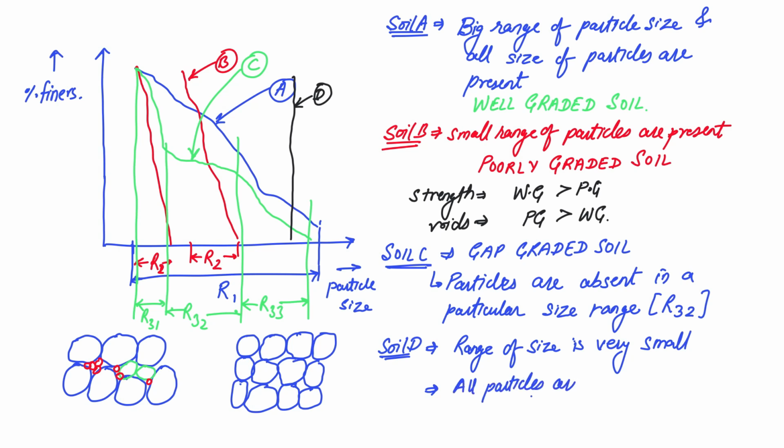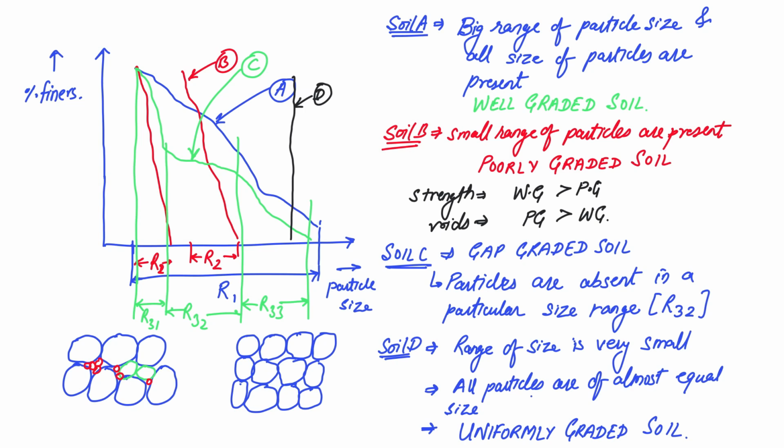Such soil, in which all the particles are of equal size, is known as uniformly graded soil. So I hope now you understand why it is said uniformly graded, because in every location you will find that the particle size is almost the same.